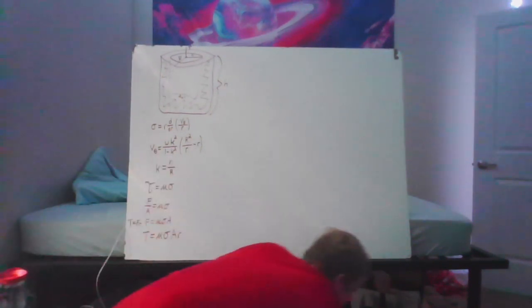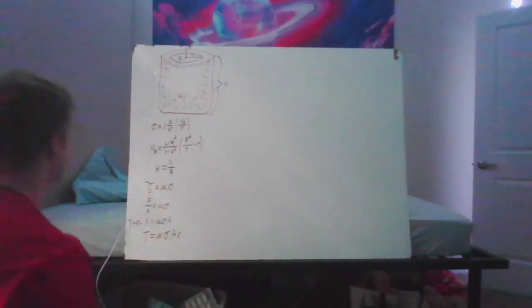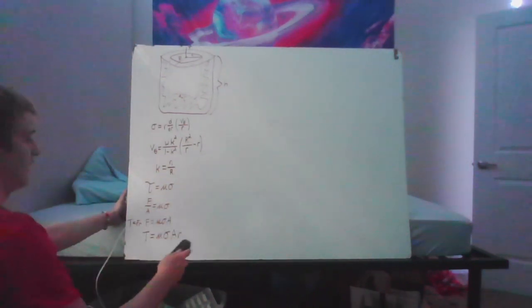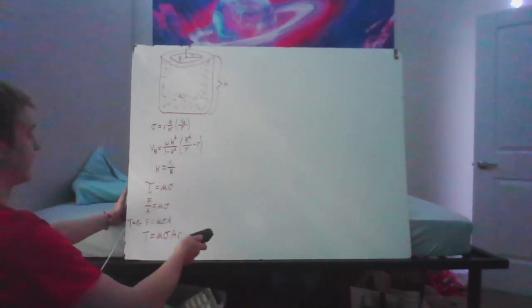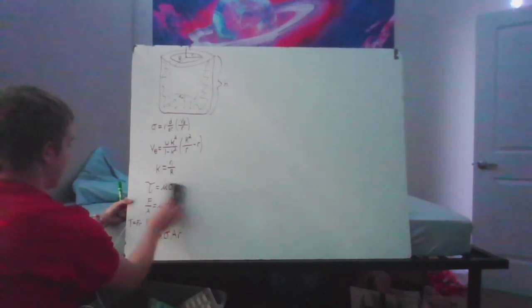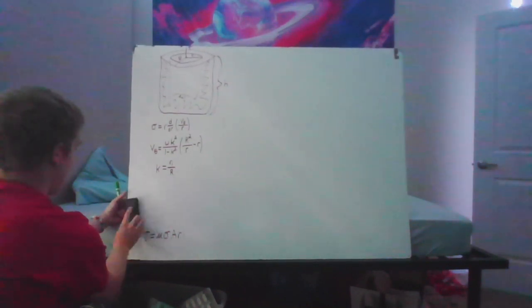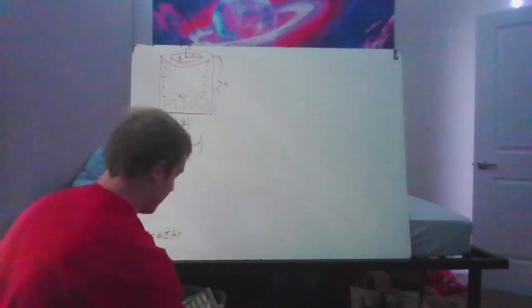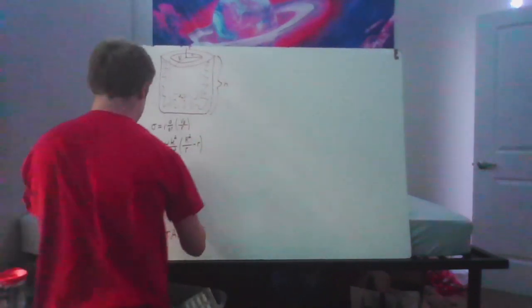And this equation here is going to be really important once we start doing our torque balance, obviously. So I'm going to erase all this and recopy this up here.